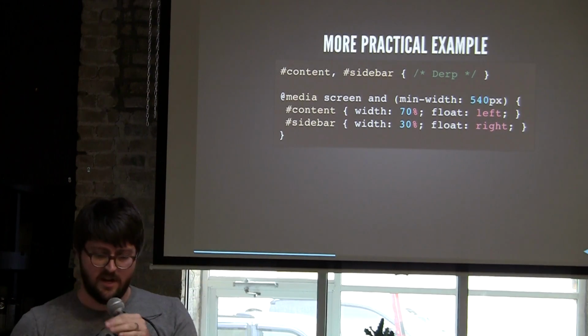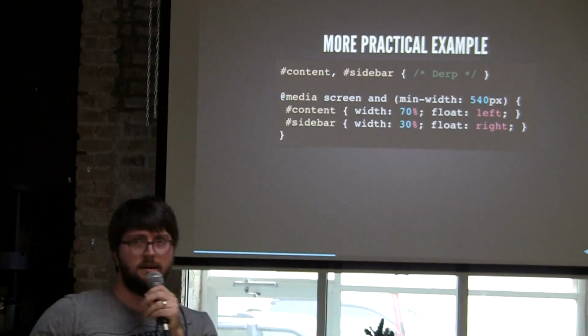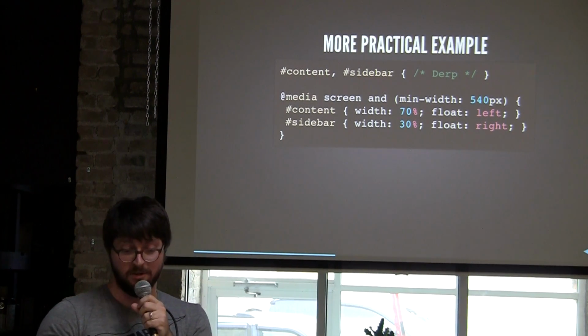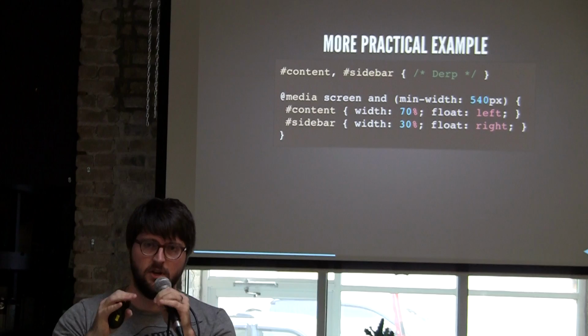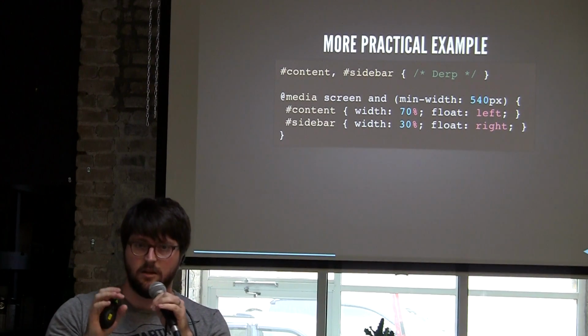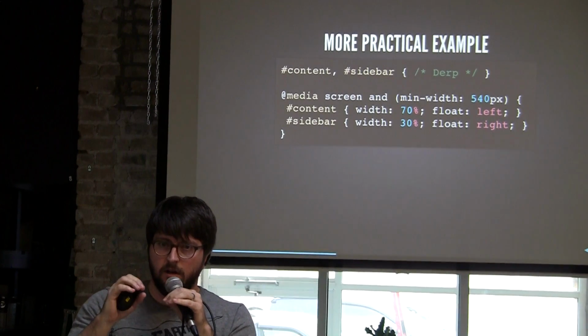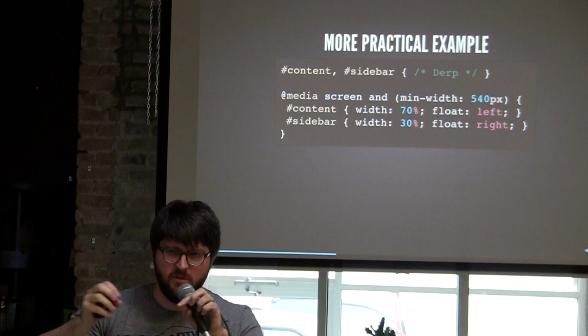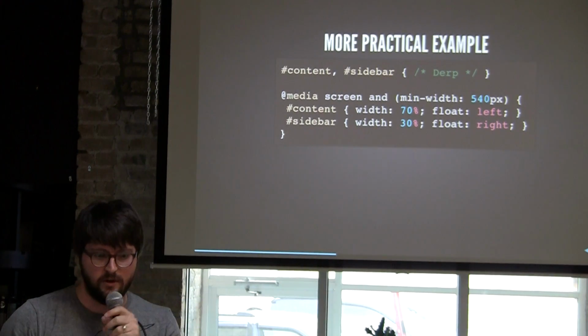Sidebar, you're 30%, you're going to float, boom, just like your favorite blog. That's exactly what's happening. So you're using media queries and creating a flexible grid suddenly. It's 100%, and then at 540 pixels, boom, you have a flexible grid happening.